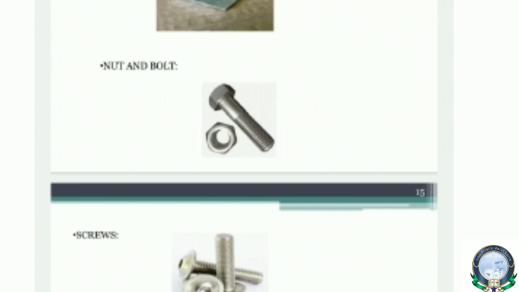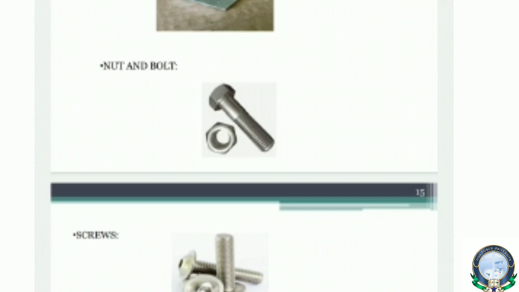The two partners are kept together by combining of their threads' friction, a slight stretching of the bolt, and compression of the parts to be held together. The bolt is a form of a thread fastener with an external male thread. Bolts are closely related to screw.